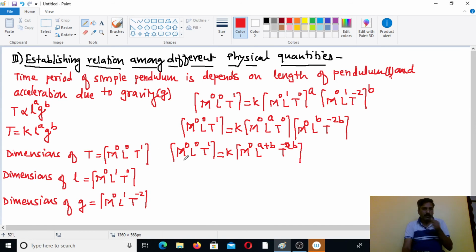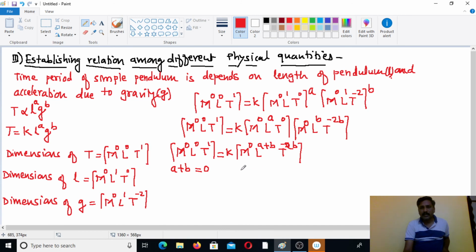Okay, now we can analyze in a simple way. m raised to 0 and here m raised to 0 doesn't matter. L raised to 0 and here L raised to a plus b, means can I write in this way, a plus b equals 0. Okay, this is one thing. And in the second equation, here T raised to 1 and here T raised to minus 2b.